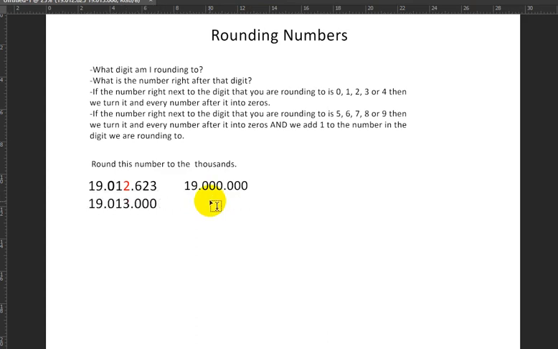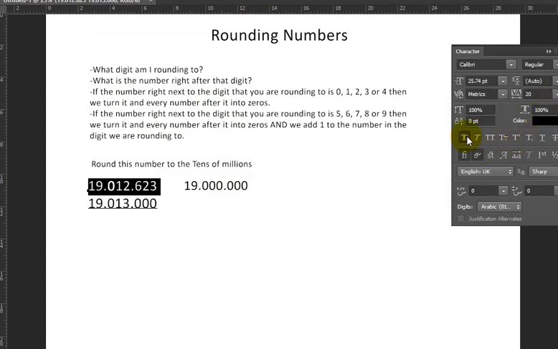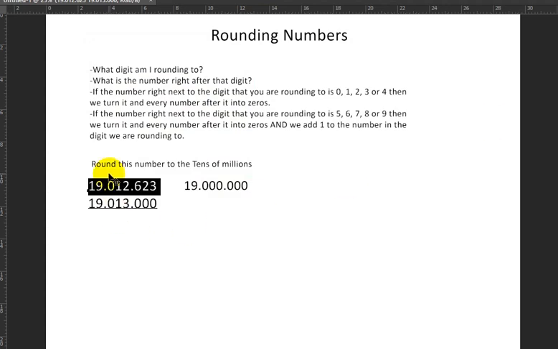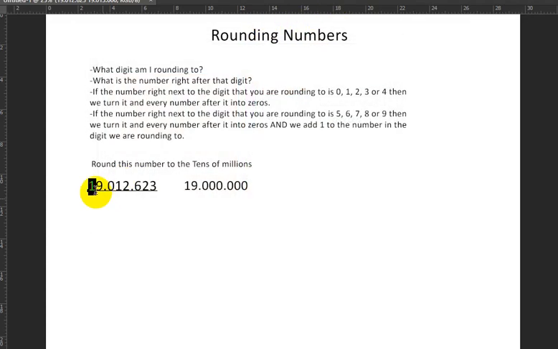Let's say someone asked us to round this number to the tens of millions. I'm going to delete this. So tens of millions is right here. It's in front of the millions, right? So what would we do?